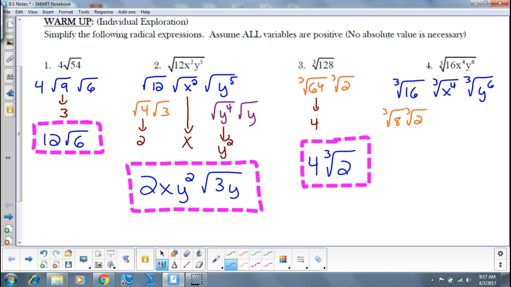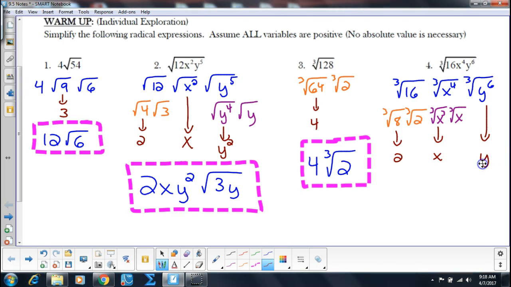That's going to be the cube root of x cubed times the cube root of x. This is 2. This is x. This is y squared. So that gives me 2x y squared times the cube root of 2x.